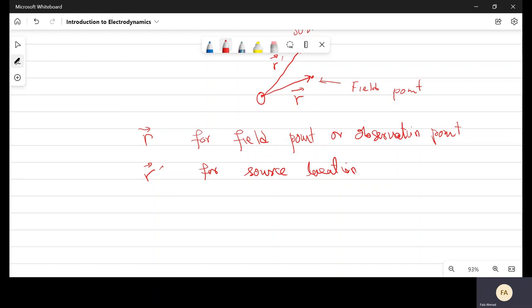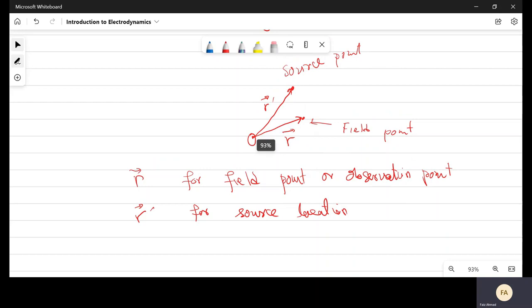But in problems, we are usually interested in the separation between the source point and the field point. So we need this vector, from source point to field point.